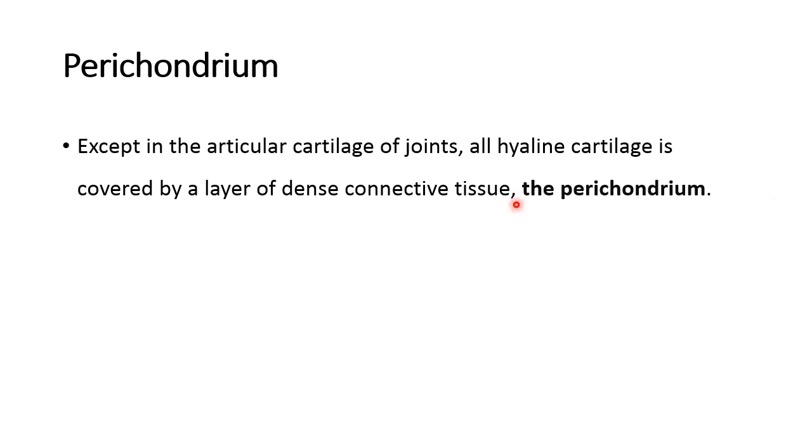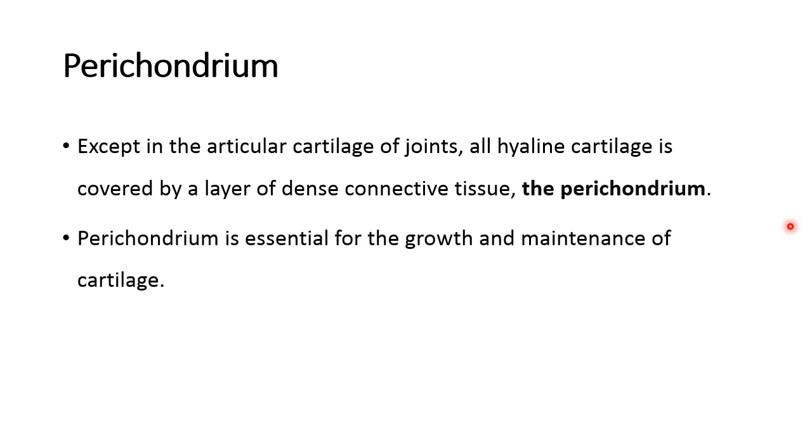Except in the articular cartilage of the joints, all hyaline cartilage is covered by a layer of dense connective tissue called the perichondrium. يعني موجود في كل الهايلاين كارتليج perichondrium ما عدا في الارتيكولار كارتليج بتاع joints ما فيه perichondrium. طيب وبرضه وين هنشوف لقدام انه في نوع من انواع الكارتليج ما عنده اللي هو الفايبروكارتليج هنتكلم عنه. Perichondrium is essential for the growth and maintenance of cartilage.